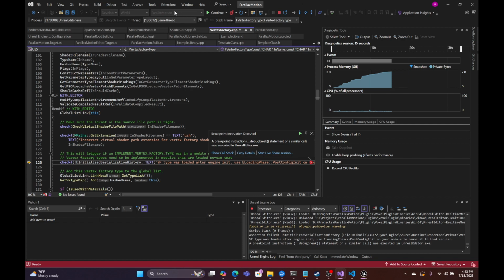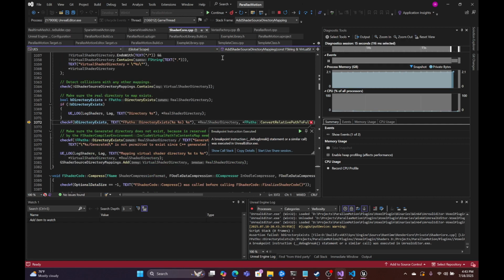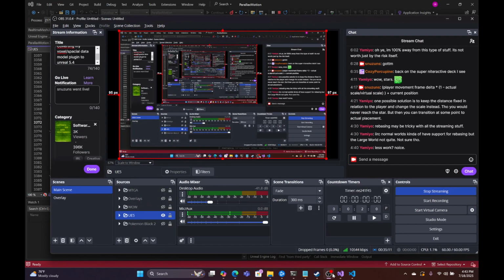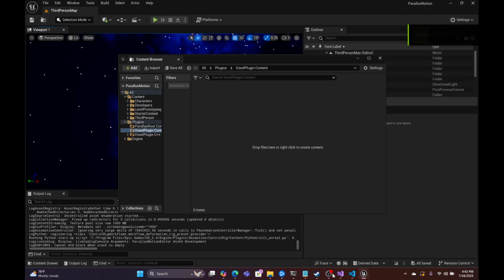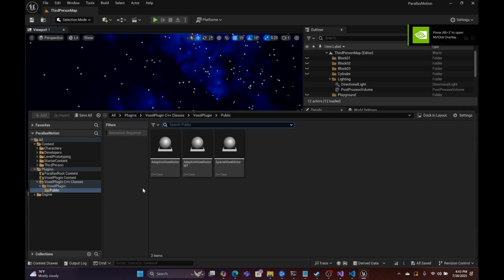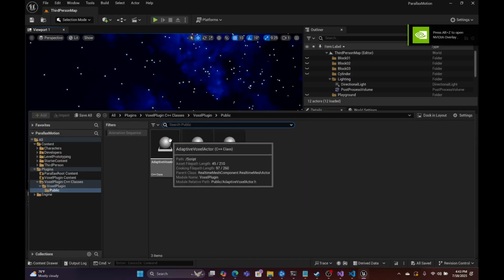Type was loaded after. Why am I hitting breakpoints? I don't trust it. I don't trust it at all.